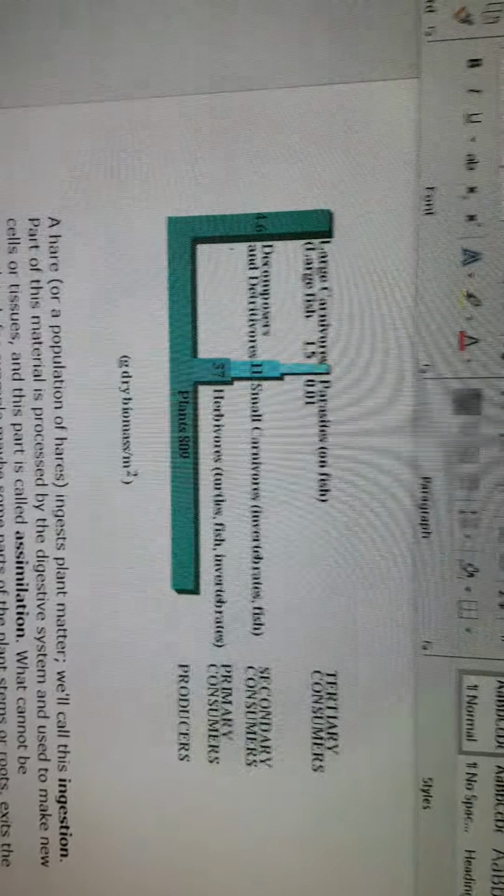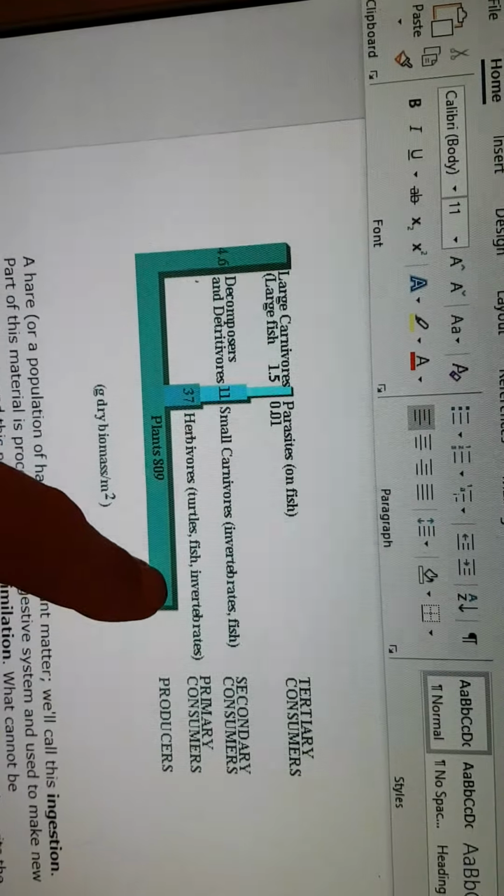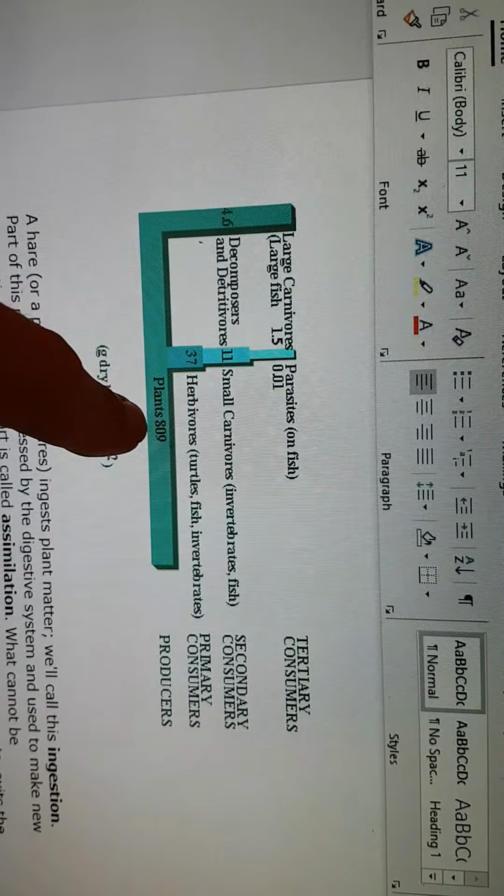Right, what we're basically saying is, if you have a plot of land, you could get this much energy by eating the plants that you grow on it, but if you fed it to herbivores, you would only get that much energy. So it is more efficient to use land to grow crops than to produce livestock.